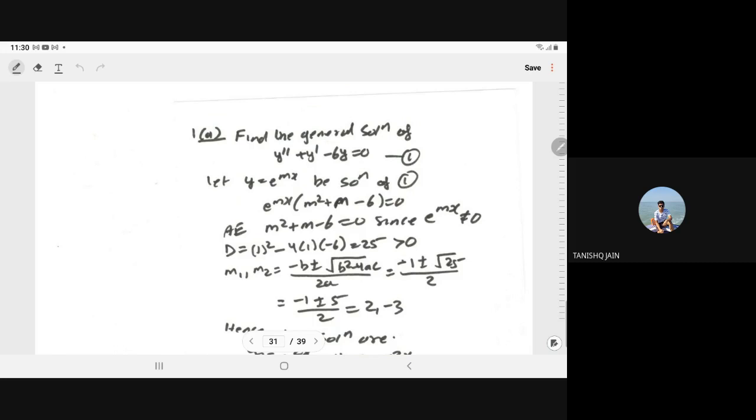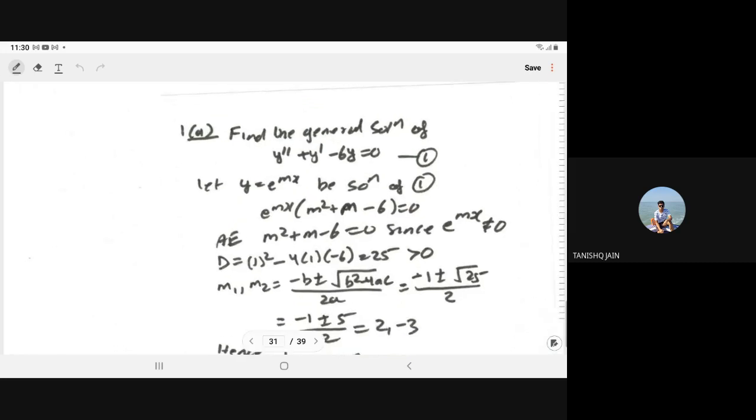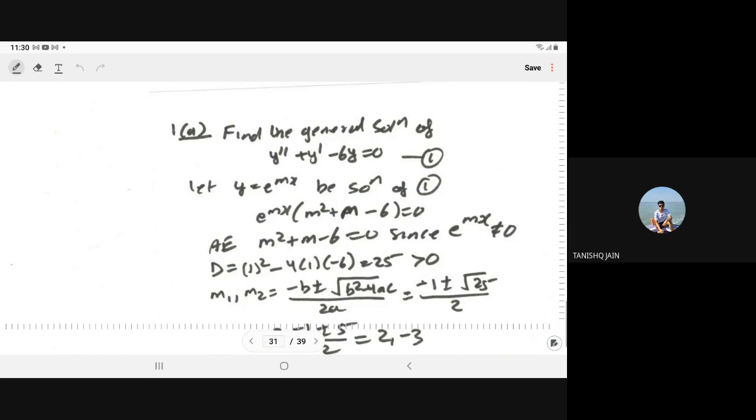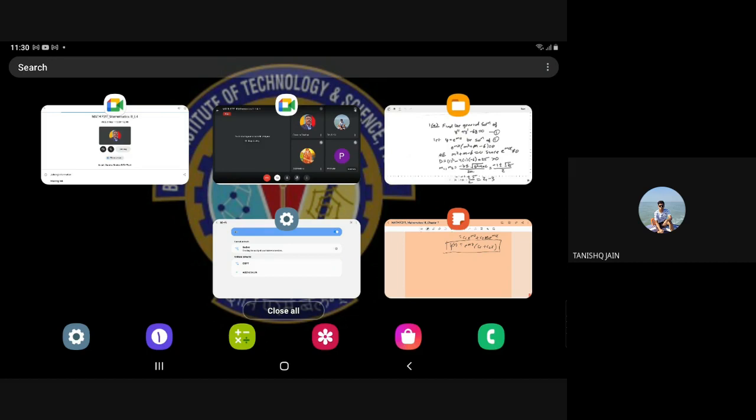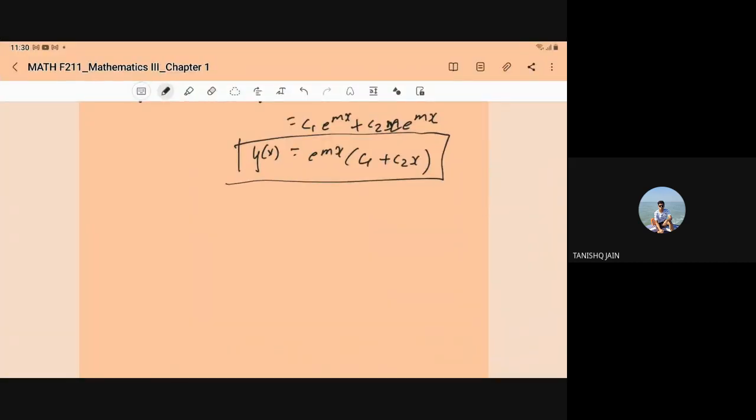Let us have some questions based on this. Find the general solution of y double dash plus y dash minus 6y is equal to 0. So here we have the equation y double dash plus y dash minus 6y is equal to 0.